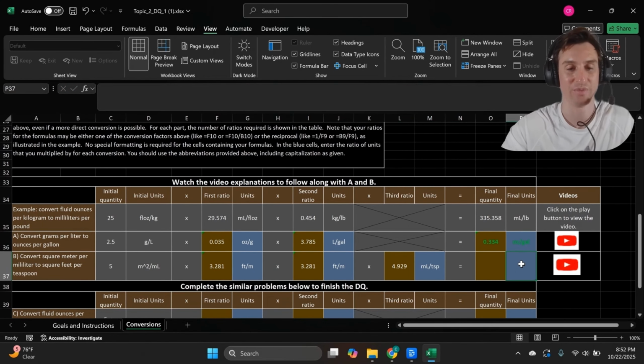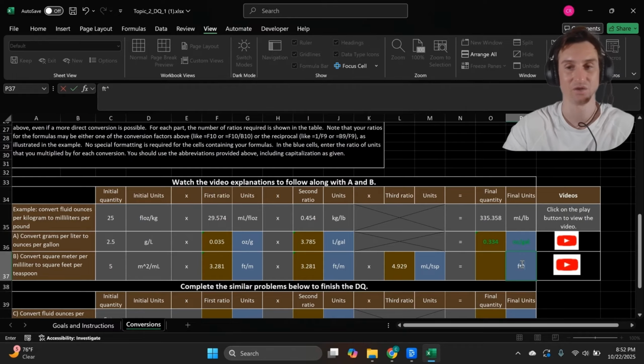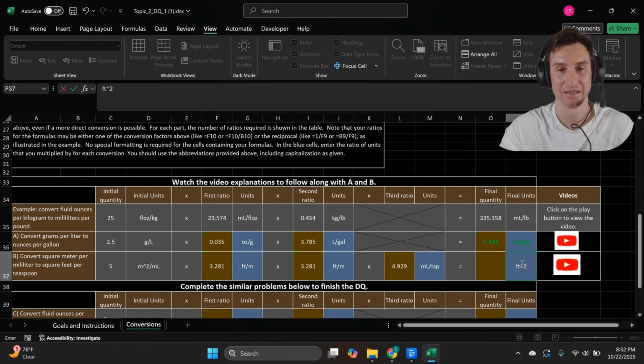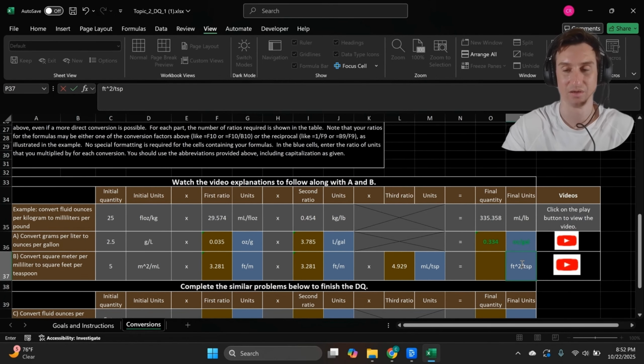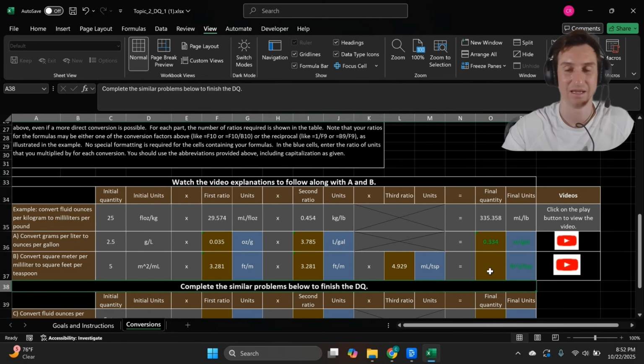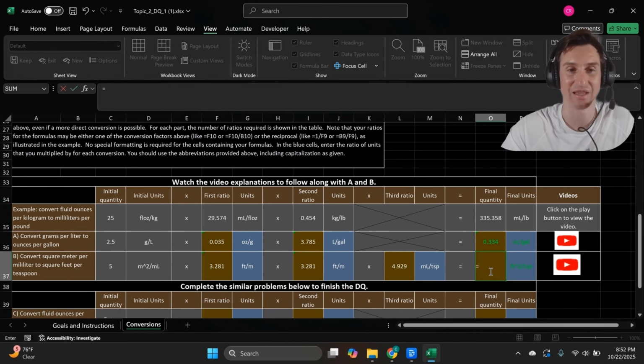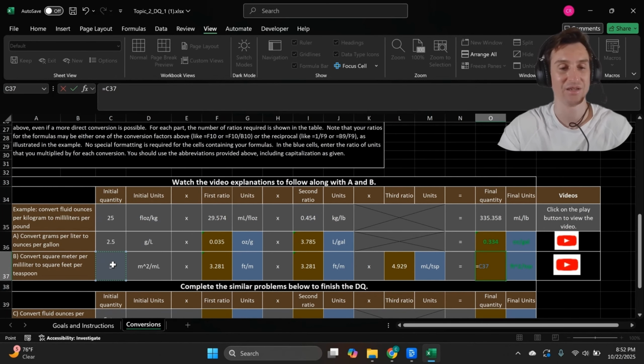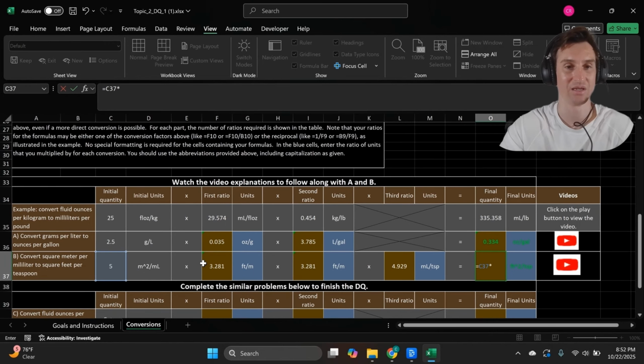Our last units should be feet squared, or square feet, divided by, we want teaspoons. And we want to multiply everything. Don't forget we want this initial quantity. So C37 times F37 times I37 times our last ratio, our third ratio.